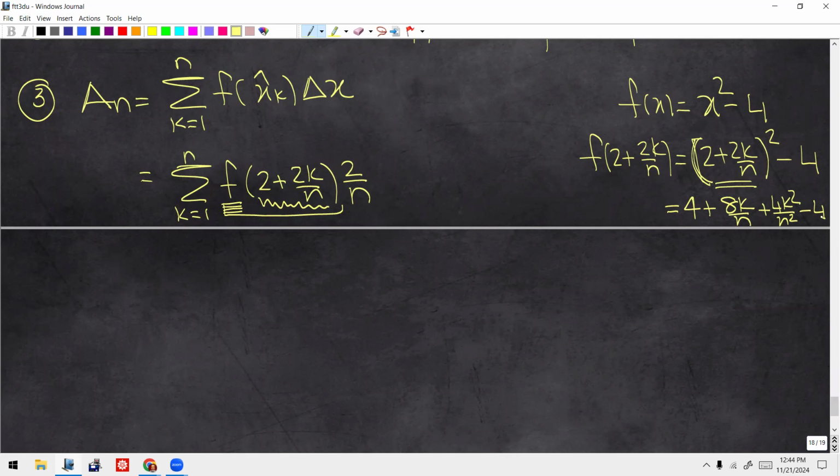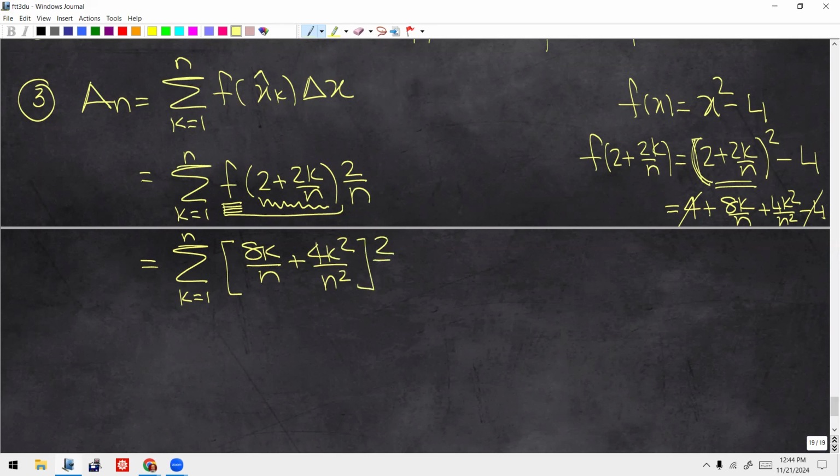The nice thing in this example is that the 4s will cancel. So I'll come back and plug it in here. So I get summation k is equal to 1 to n. I have 8k over n plus 4k squared over n squared times 2 over n.